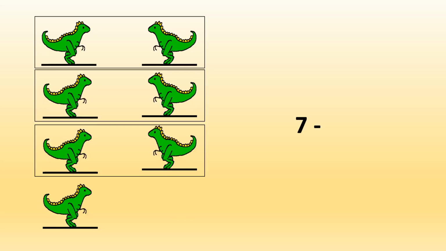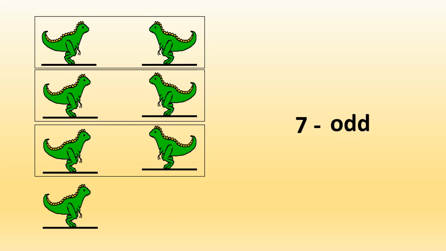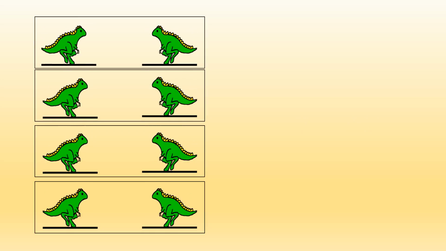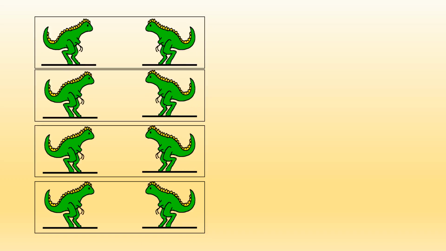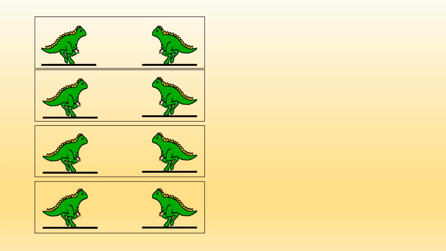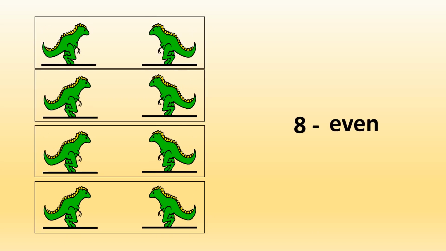So we can say that 7 is an odd number. See, the 8th dinosaur has joined in and now we can put all the dinosaurs in groups of 2. So 8 is an even number.